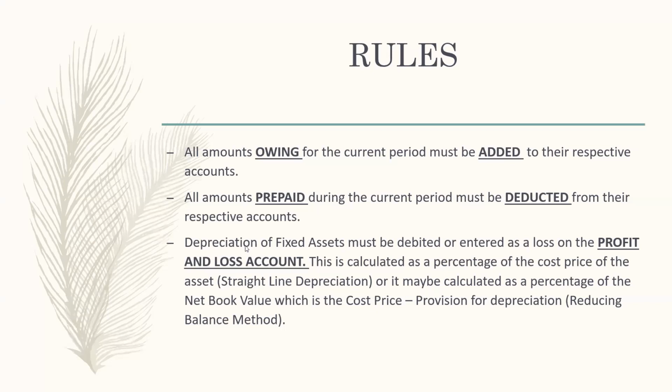The second rule is that whenever we make any prepayments, we must deduct it from our account. So what is a prepayment? A prepayment is when we make some type of payment in advance. I think rent is a basic example to use.